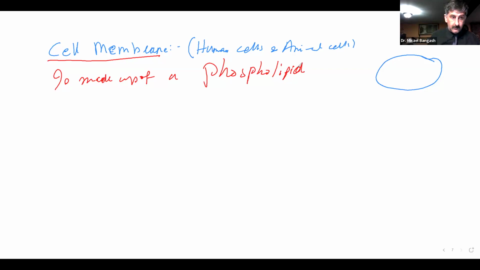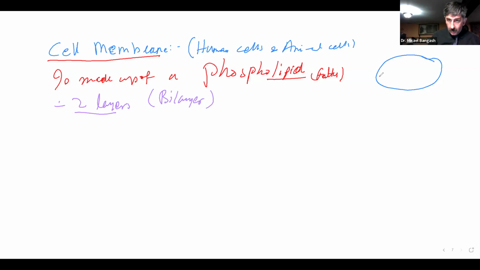So what does it tell you? Fatty. And this phospholipid is not just going to be in one layer, but actually in two layers. Two layers can also be called a bilayer.